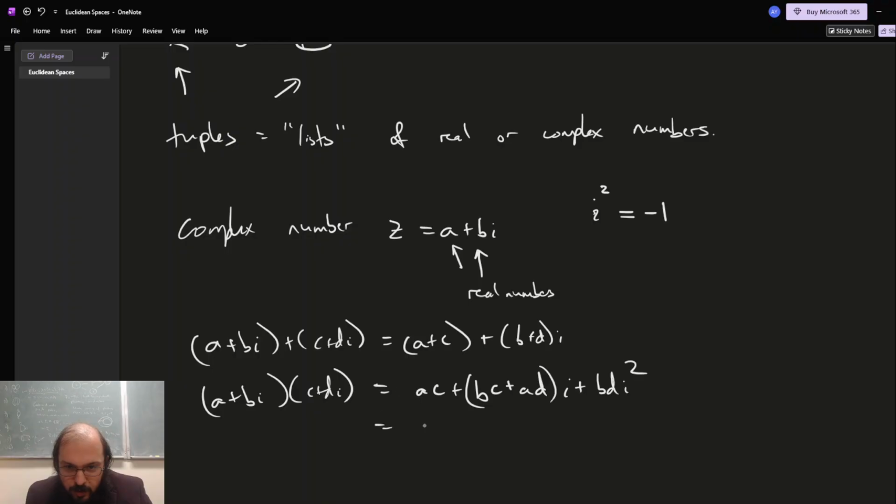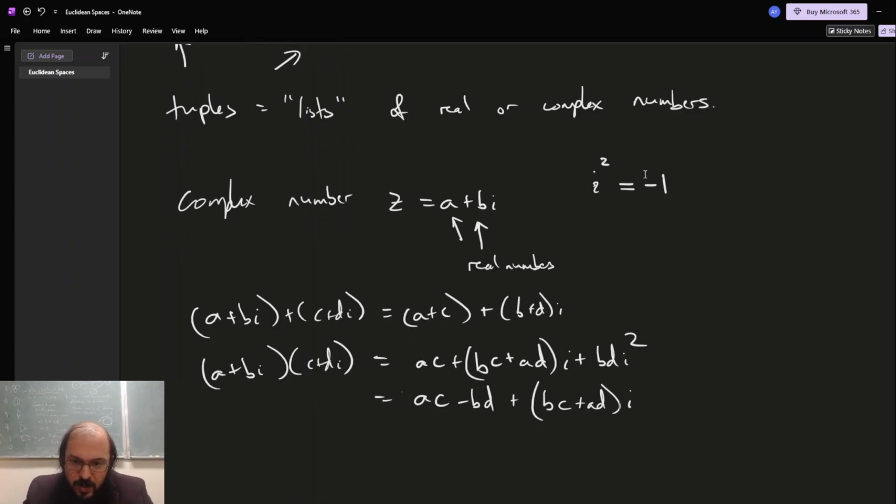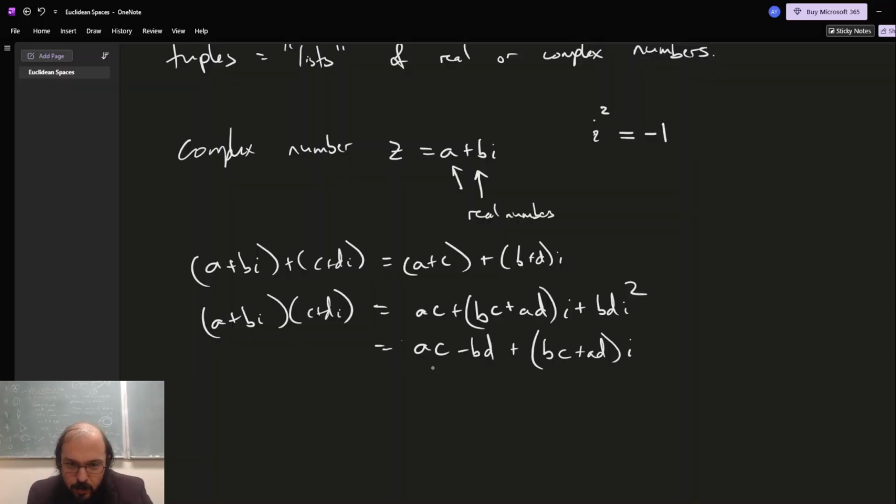Just doing algebra. And then using i squared equals -1, this i squared becomes a -1. We'll put it over with the real part. And then over here, we collected all of the stuff that is not real, so-called imaginary. So we will speak of this as the real part, the part without an i attached to it, and an imaginary part, a part with an i attached to it.